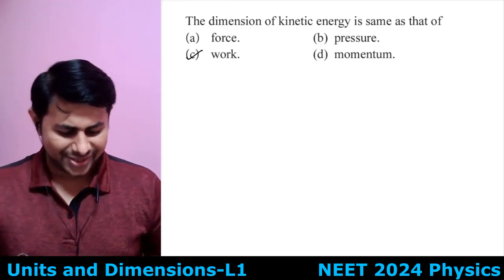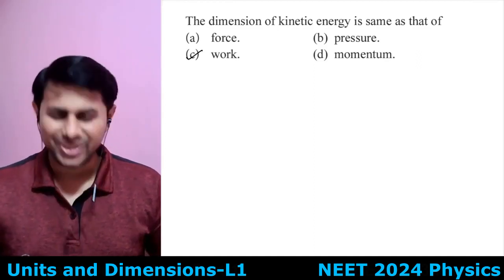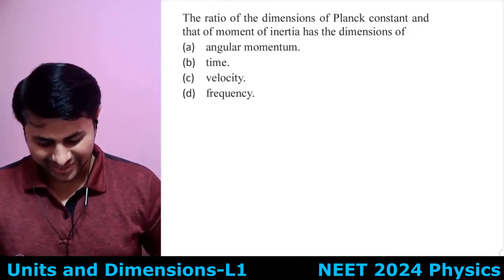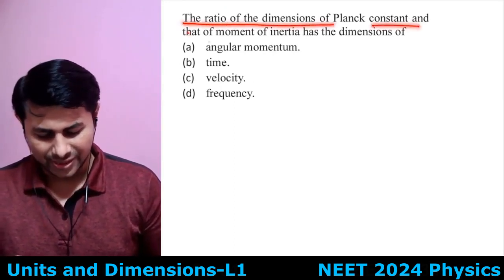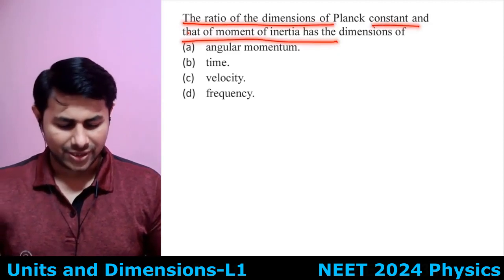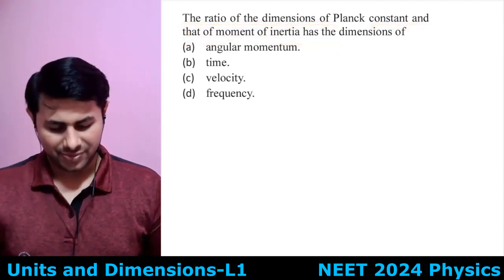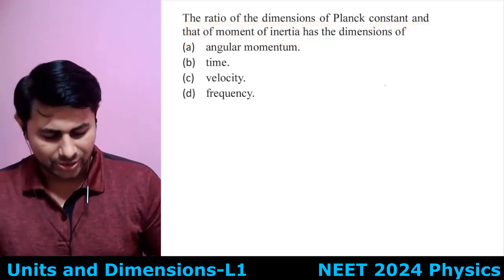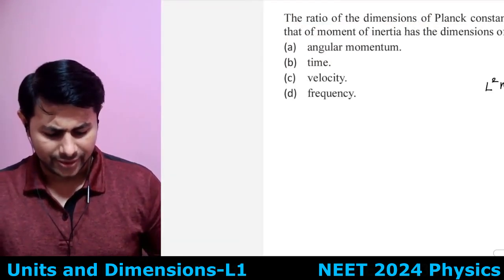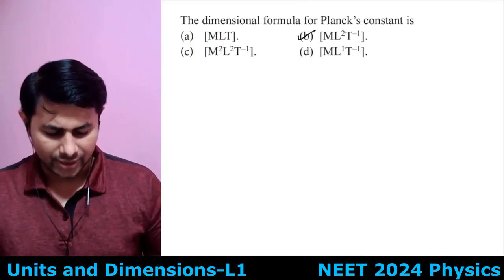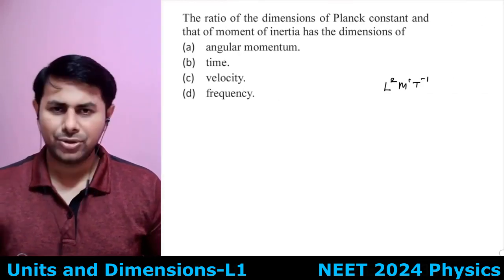I don't think they will come to this level. Anyways, next question. The ratio of dimensions of Planck's constant and moment of inertia has dimensions of. We found the dimensions of Planck's constant, they are L^2 M^1 T^-1. I don't memorize these.